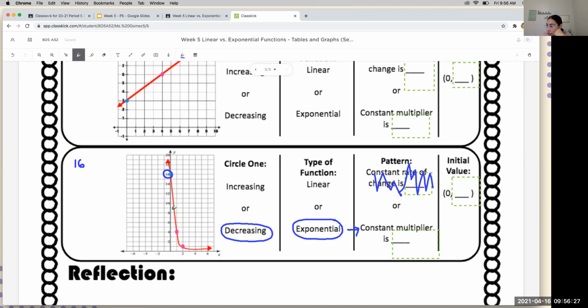Keep coming down to that next point, match your y value, that's the 4. Keep coming down here to this next point, match it to a y, that's a 1. So what is our pattern here? From 16 to get to 4, from 4 to get to 1. What pattern do we have? Let me know in the chat, or you can unmute yourself.